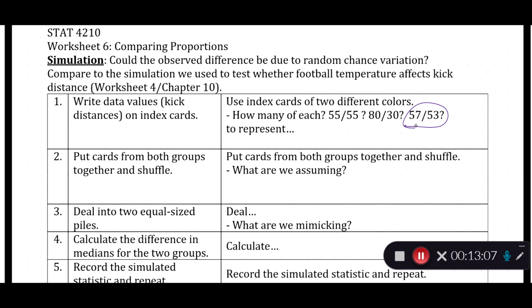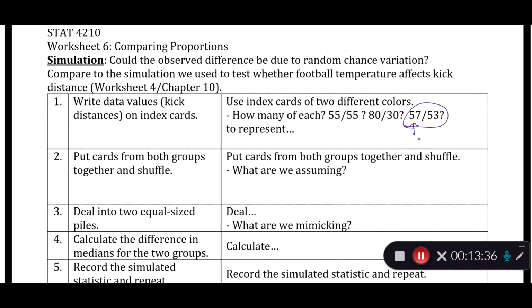So remember, the first step for the football example was to write the values on the index cards. What I'm doing over here is I'm writing basically doesn't have ELC on these index cards. But instead of writing ELC, not ELC, I'm just going to have red be ELC and black be not ELC. So I just need each color of the card to represent an outcome, one of the levels of my response variable.